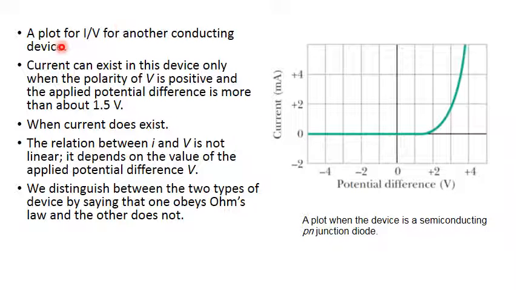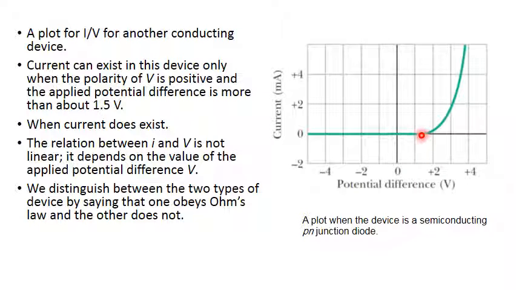So in the IV plot for this conducting device, the p-n junction diode, current can exist only when the polarity of V is positive and the applied potential difference is more than about 1.5 volts, because as long as the potential is less than 1 volt, there is no current.